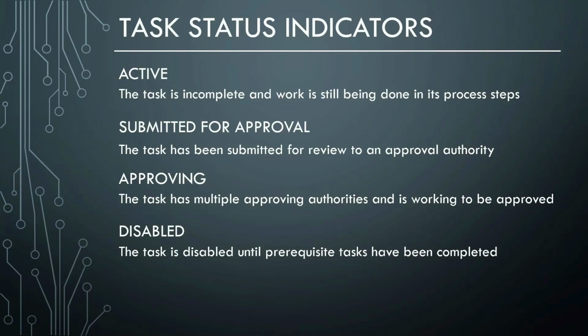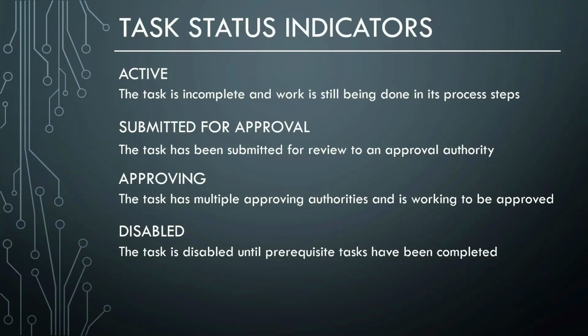The next major task status indicator is disabled. That means that the task has not met the prerequisites that it needs in order to open up. This could mean that a previous major task would need to be completed first before this major task opens up, or it could mean that this particular task was not opened up because of selections that were made in previous process steps.